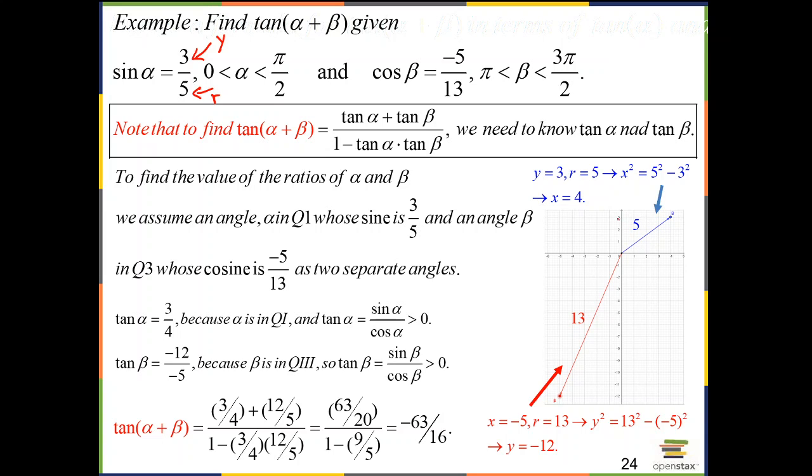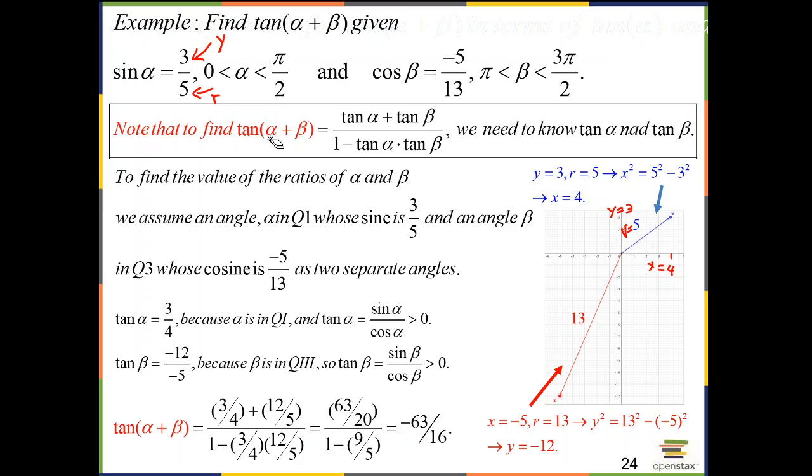So if this is 3 and this is 5, then we can find the x value here, easily. So x squared plus y squared is r squared, so x is positive 4 here. So x is 4, r is 5, and y is 3, right?